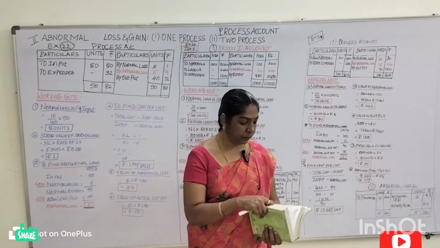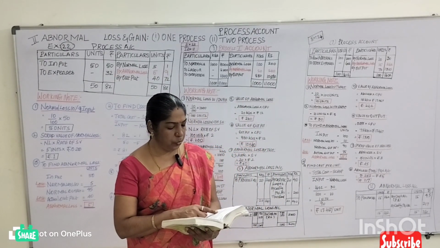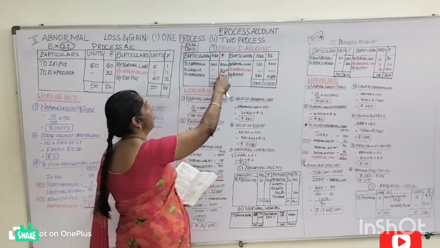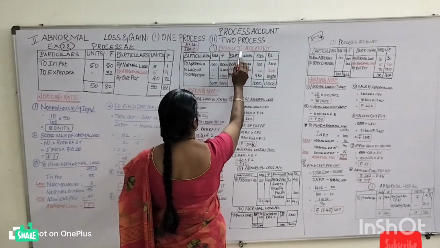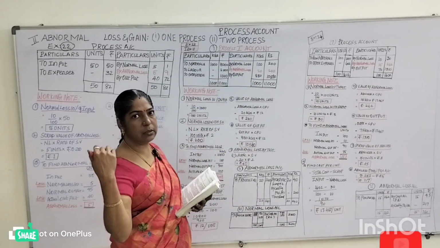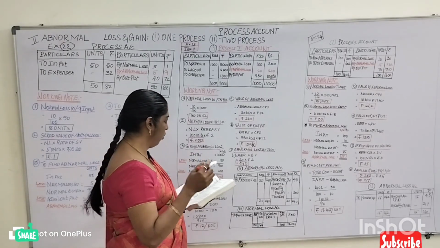Okay. So in the given data, how much input did they introduce? They introduced 1000 units. So let's write the heading, that is process 1 account. You know already from previous sums the format for the process account, so directly we go to the sum.